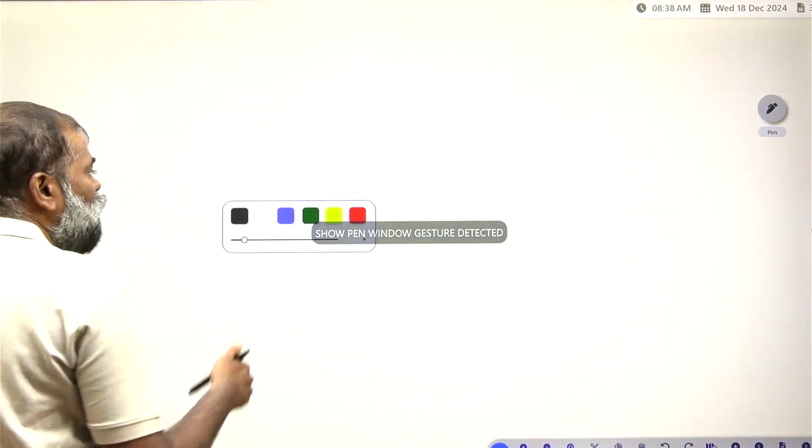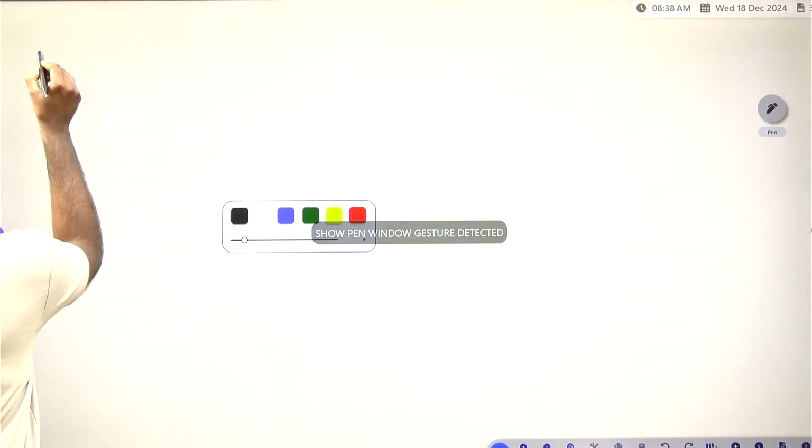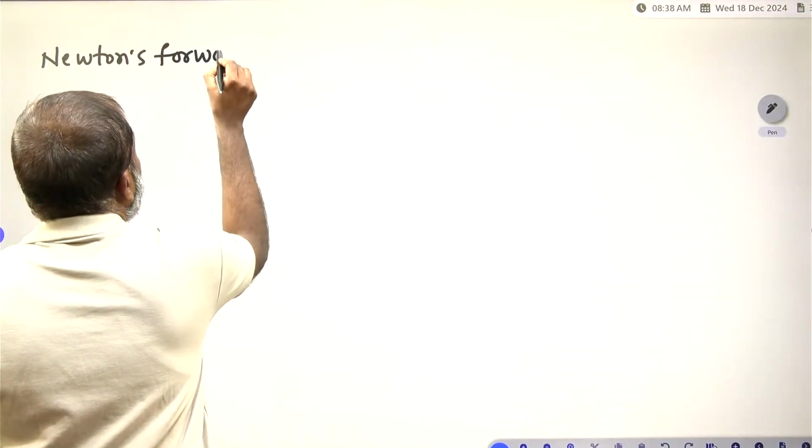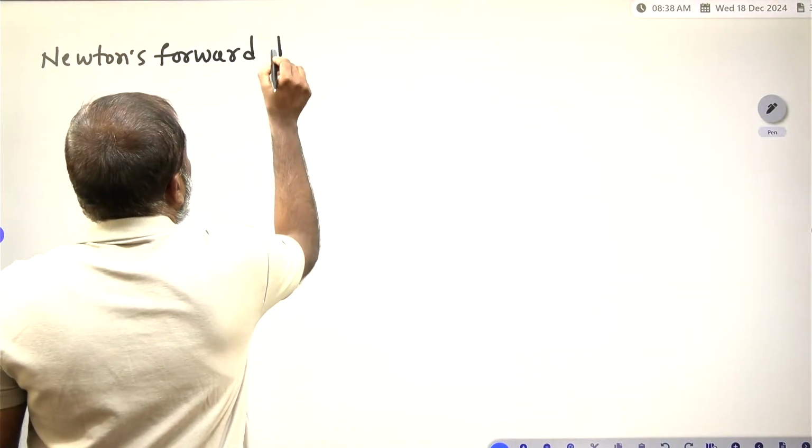How do we derive the problem? By using Newton's forward difference formula.